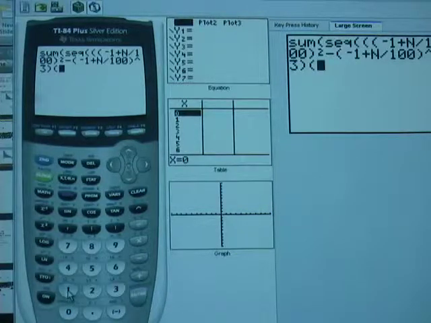Delta x is 1 divided by 100, and parenthesis closed.